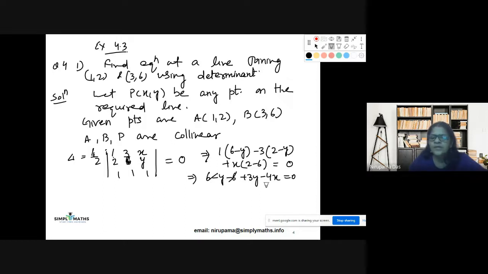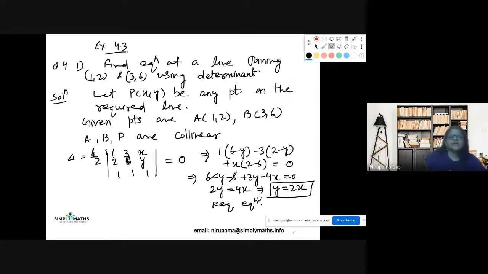So we are getting minus y plus 3y, 2y minus 4x; 2y equals 4x, or you can say y equals 2x. Okay, this is the required equation.